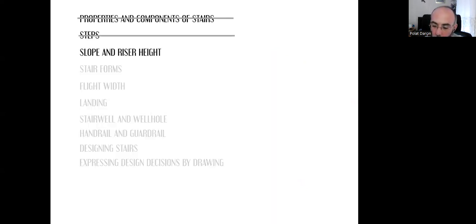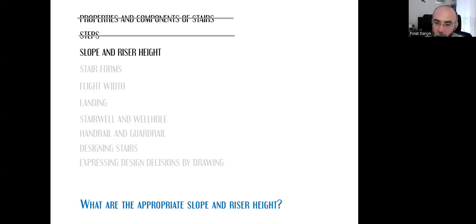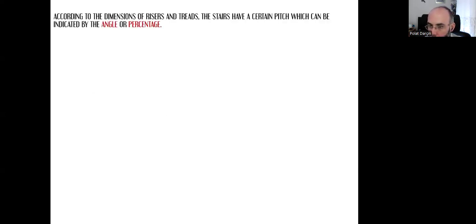And the decisions about riser height and tread width will create the slope or pitch of the stairs. And it needs to be, again, appropriate to the user and the function. With these dimensions of risers and treads, the stairs have a certain slope, which can be indicated by an angle or a percentage.